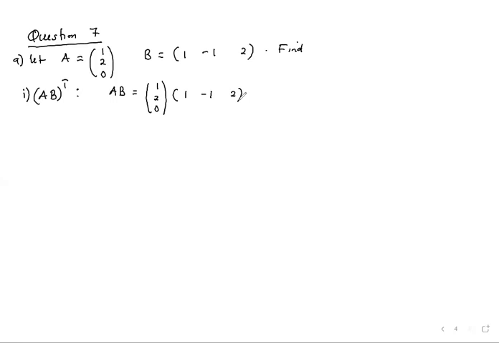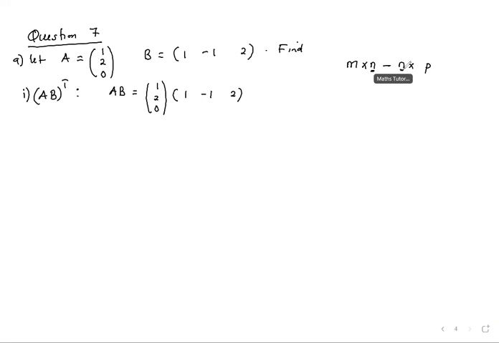We say that matrix multiplication is possible if this matrix is m by n, and the next matrix to multiply with must be n by whatever, you don't care. These are the number of columns in the first matrix, and these are the number of rows in the other matrix.